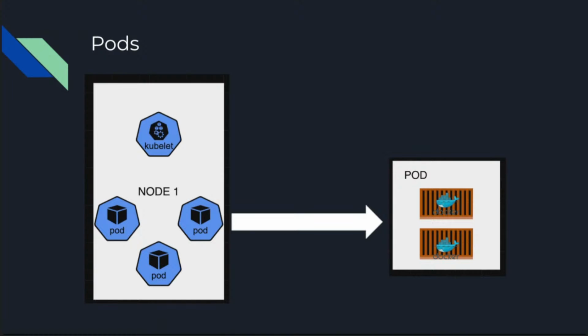And we are running these pods in the node. You can think of a pod as a wrapper around a container, in which we put a Docker container. By the way, you can use another container technology; you don't have to put a Docker container in it.